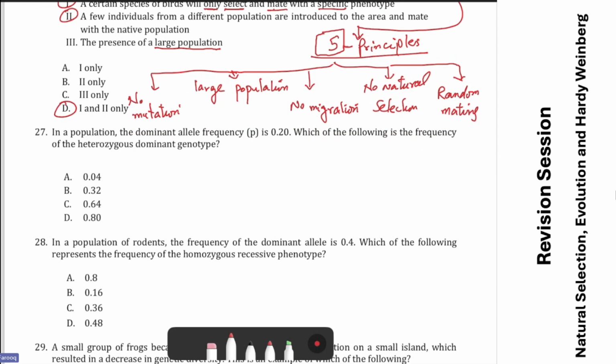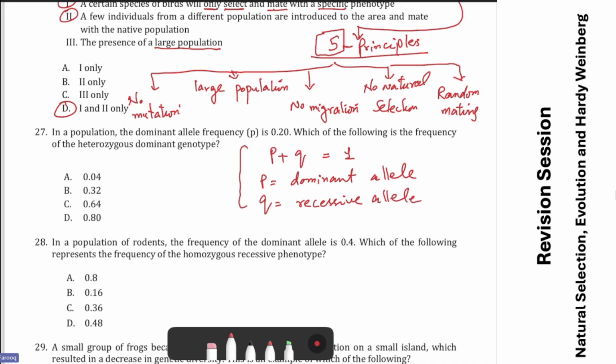The third KPI was to calculate the allelic frequencies. So we need to remember the formulas. P plus Q is equal to 1, where P is the dominant allele and Q is the recessive allele. The sum of these two alleles should come to 1, and we use this equation when you want to find allele frequency.